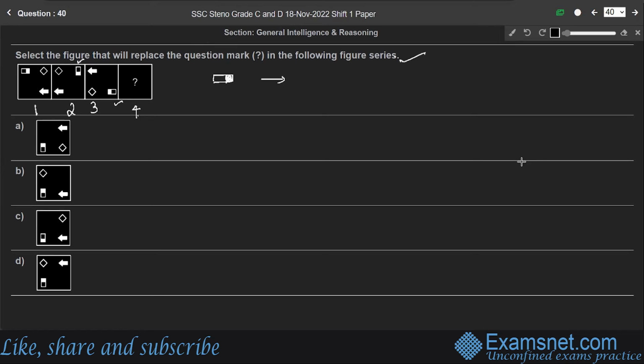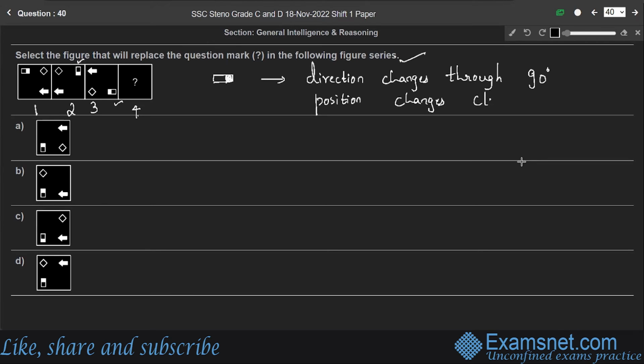Look at the direction of the rectangular figure. The direction also changes through 90 degrees, and its position changes clockwise.